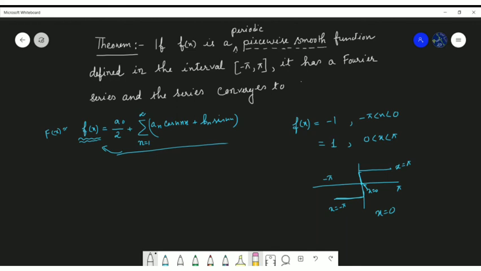Remember, if you do the periodic extension of this function, it will look like this, is it not? Since x equal to pi, the endpoint itself, is also a point of discontinuity, endpoints are points of discontinuity in this case. In the earlier example also we have seen, but remember, endpoints are not always points of discontinuity.